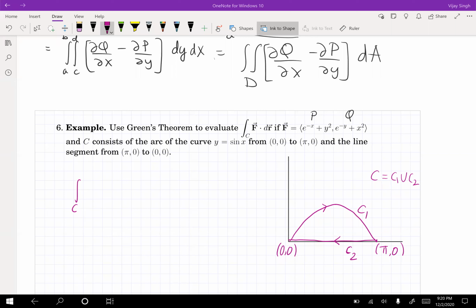So the integral over curve C of F dot dr is the integral over curve minus C with a minus sign of F dot dr, right? So we are changing the orientation.